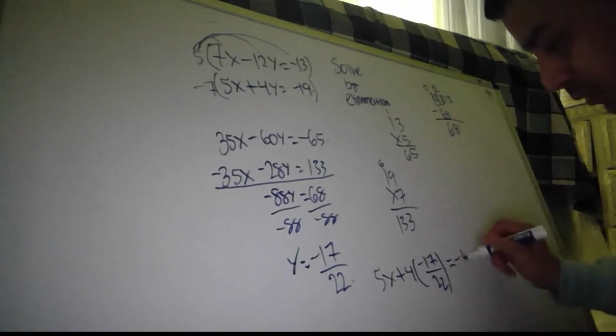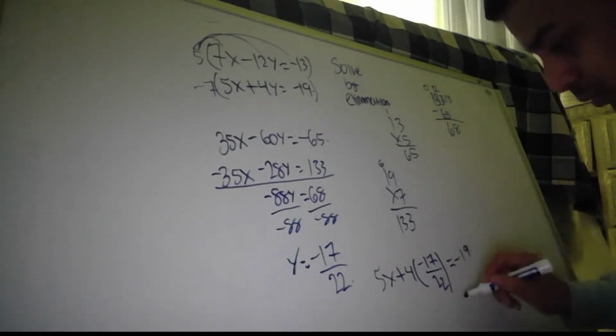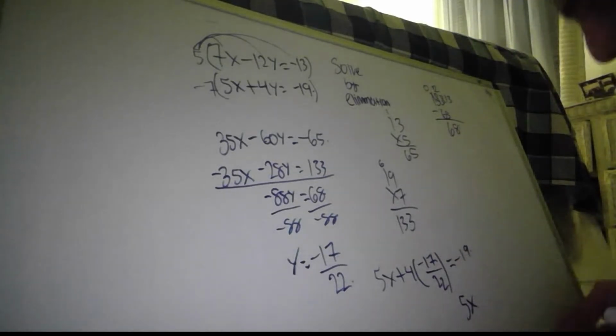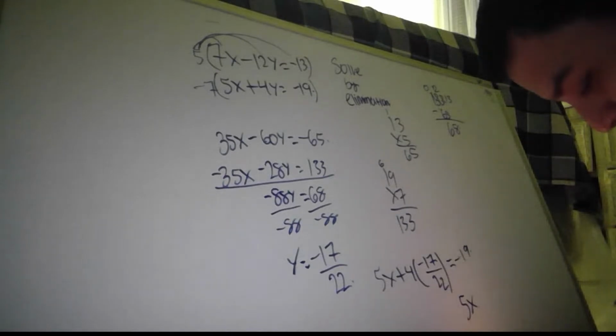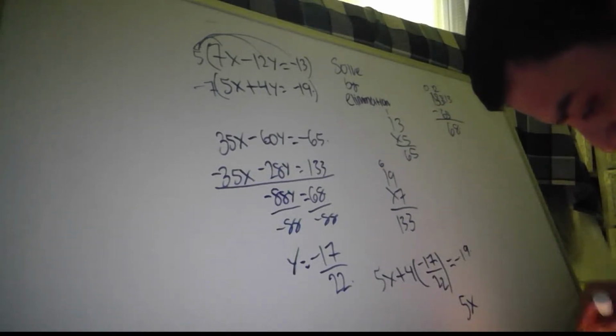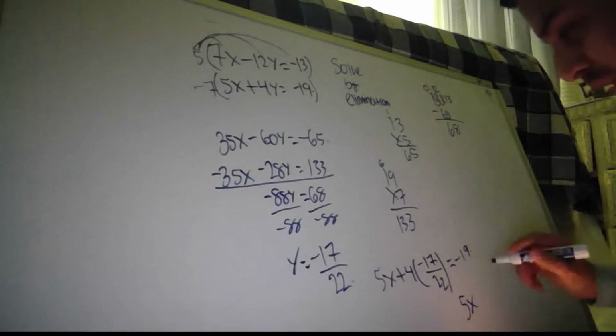Negative 19. And then 4 times 17 over 22, that's 34 over 11.